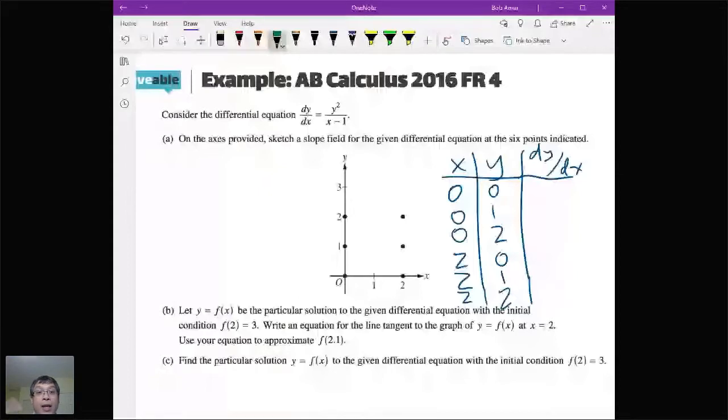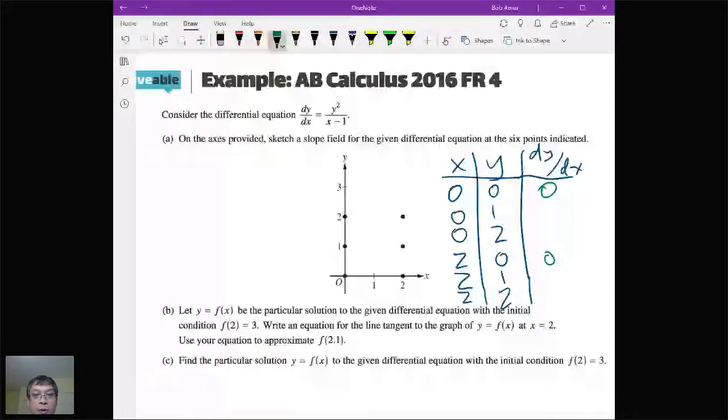So I'm going to quickly go through. When y is 0, as long as the denominator is not 0, and that's why I left off all the x equals 1 points, those slopes are going to be 0. Okay, and then for this point, 0, 1, I get 1 over negative 1.